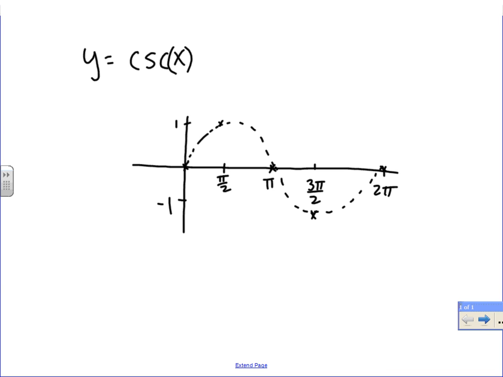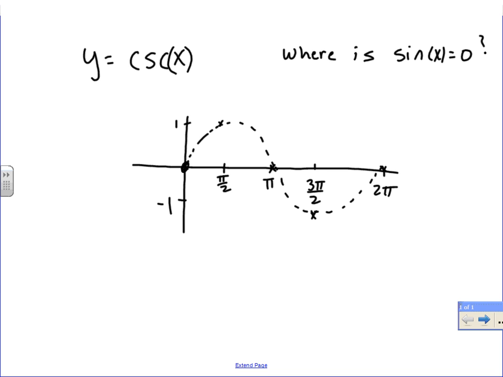Now, to get cosecant, what I'm going to think about is this question. Where is sine x 0? Let's notice on the graph where the sine is 0.